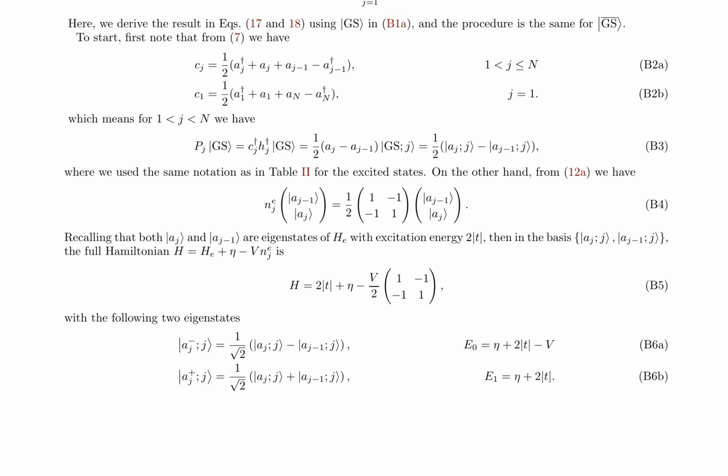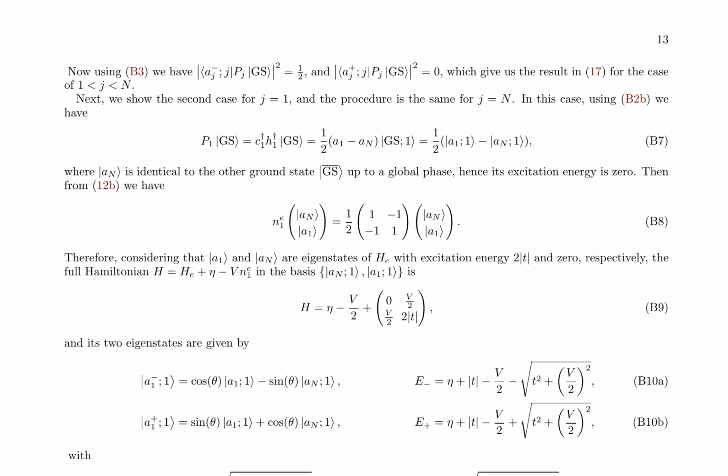The eigenstates of the full Hamiltonian H, including the excitation energy 2t, are then determined, yielding the eigenvalue equation B5, with two eigenstates, A minus J, J and A plus J, J, corresponding to energies E0 and E1, respectively, as shown in equations B6a and B6b.